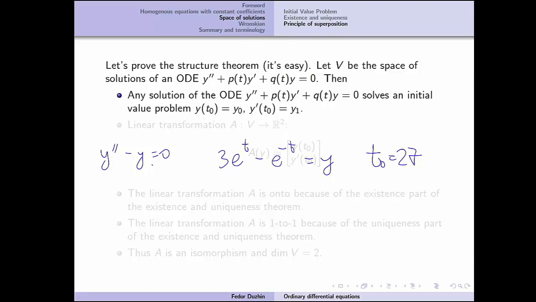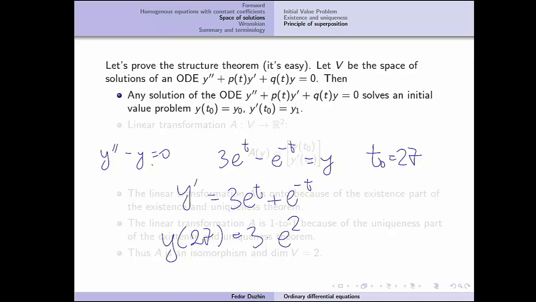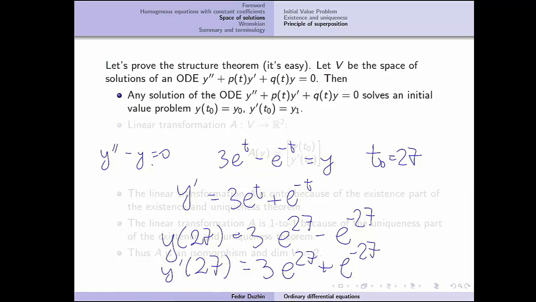Then y prime is going to be 3 e to the t plus e to the minus t, and it means that our y solves the initial value problem with the initial condition y of 27 is 3 e to the 27 minus e to the minus 27, and y prime of 27 equals 3 e to the 27 plus e to the minus 27. Right?